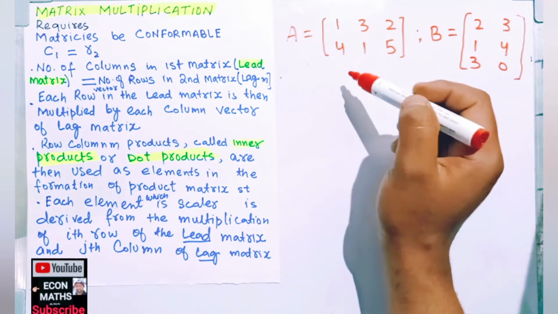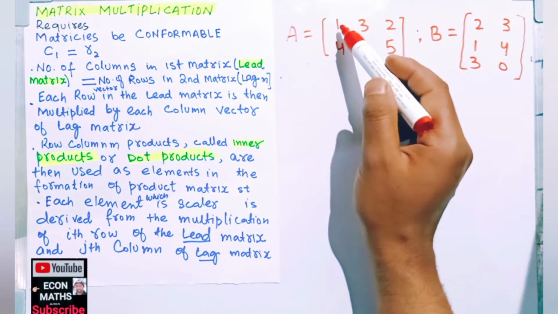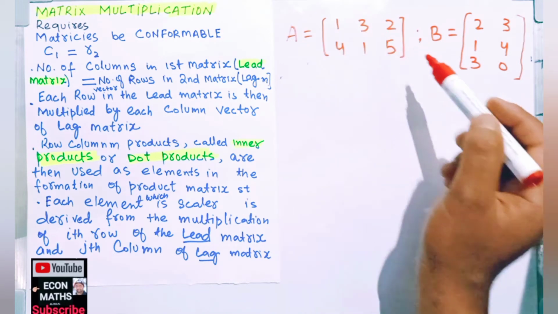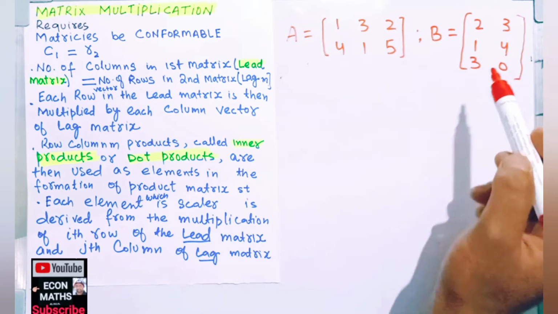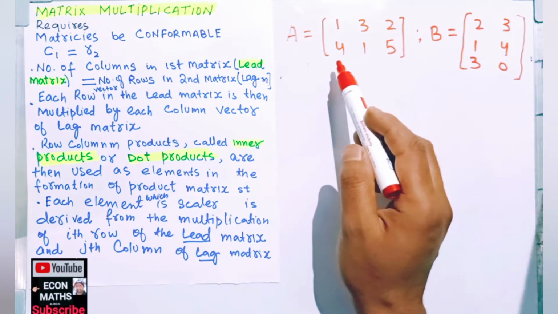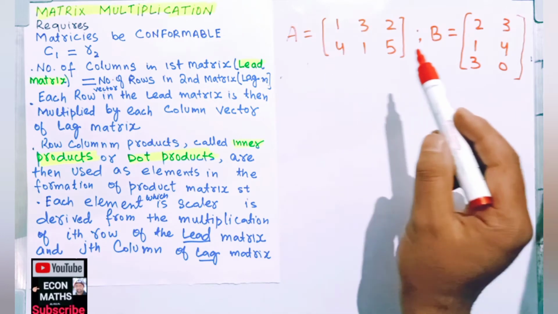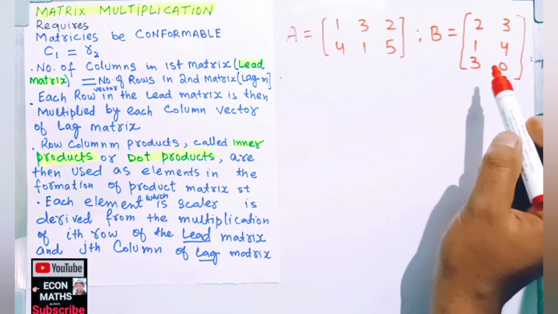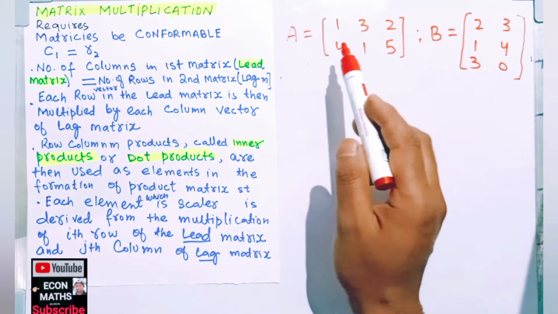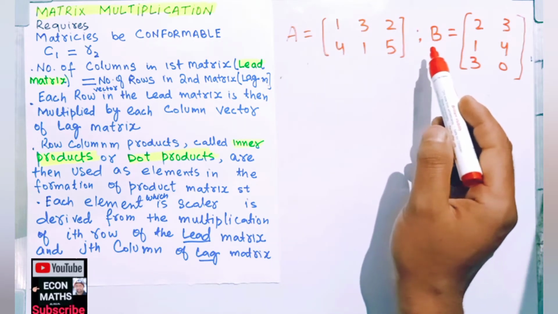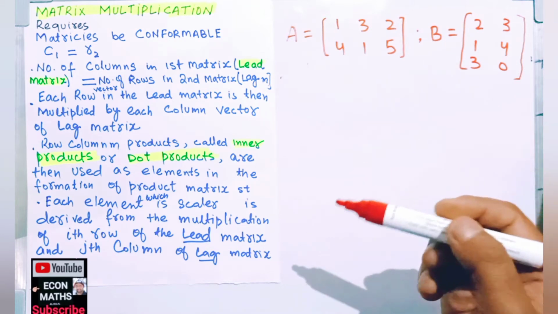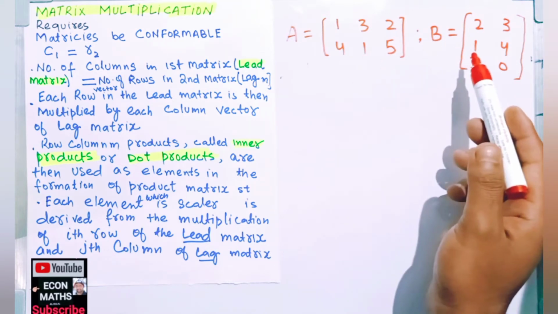Here the number of columns are 1, 2 and 3, and here the number of rows are 1, 2 and 3. Since the number of columns in the first matrix is equal to the number of rows in the second matrix, these two matrices are conformable. Then we can multiply these two matrices.